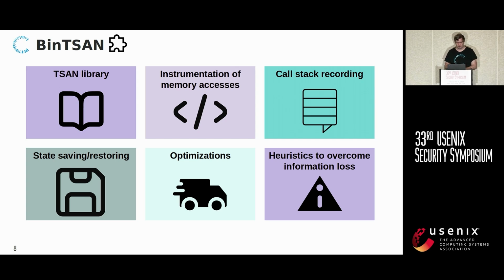Others are more general and can be used in binary sanitizers as well. So finally, this leaves us with the problem of information loss, which I mentioned earlier. And to overcome this, at least to some degree, we implemented heuristics to detect atomic operations in BINTSAN.